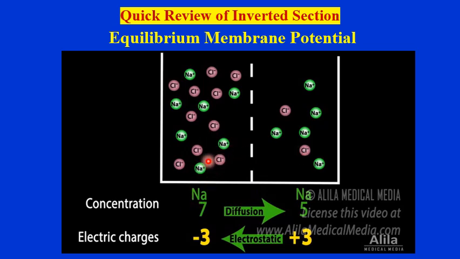So the natural diffusion will make this thing go inside of the cell. Now, if you look at charge differences, you have more negative charges inside of the cell, so it's also going to attract some of your positive ions, right?